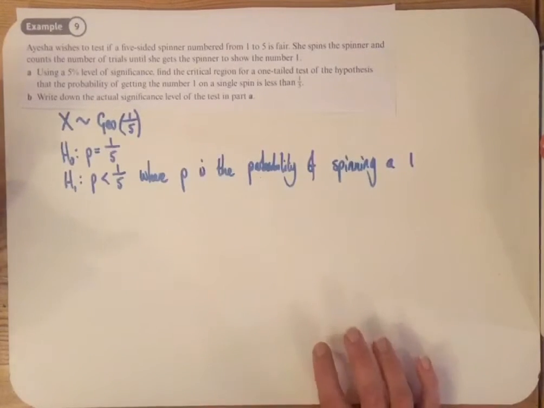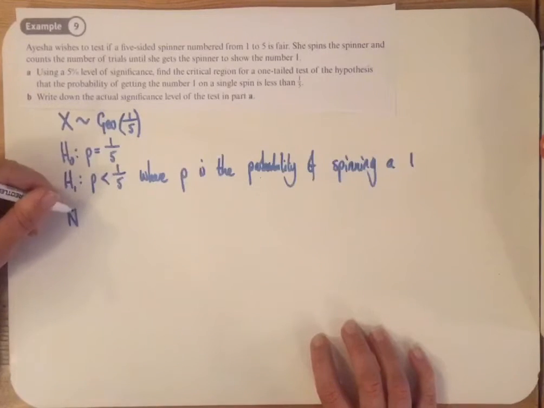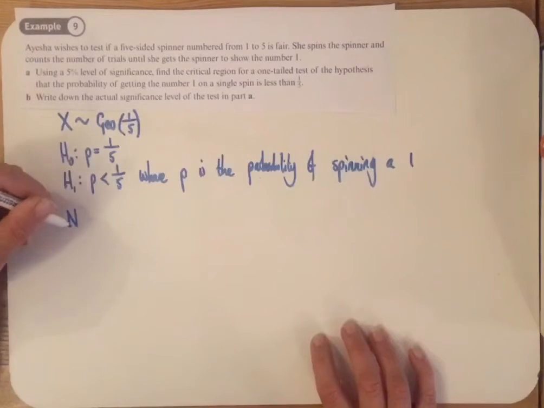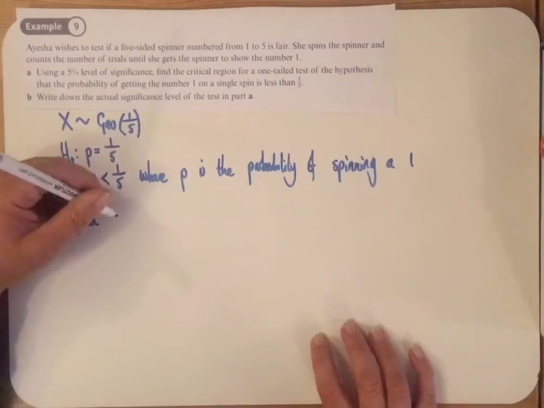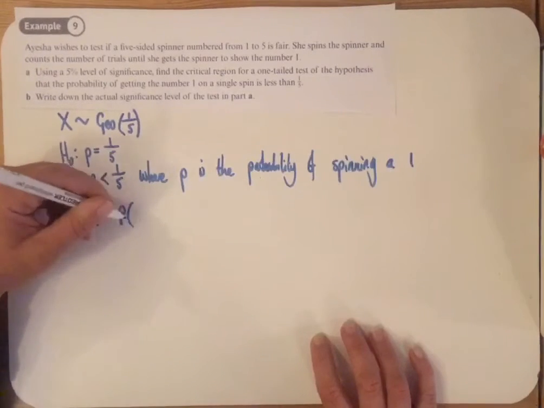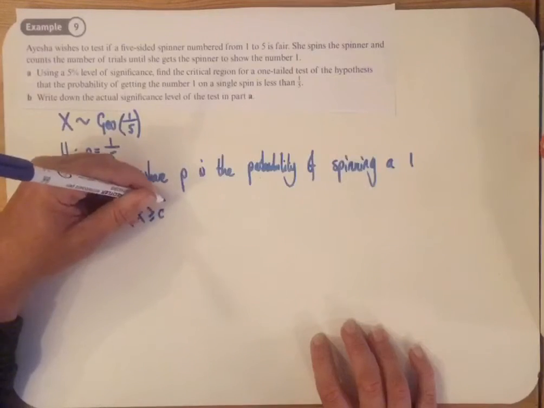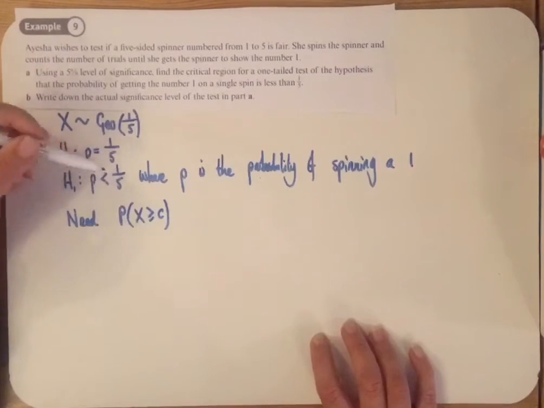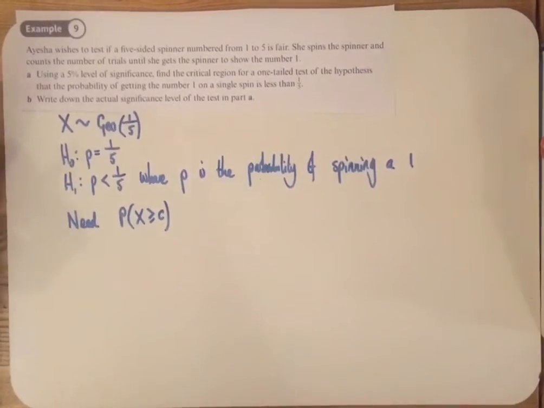So we need basically the probability of x being greater than or equal to c. Remember, if p is less than a fifth, you have to wait longer before you get your number 1.